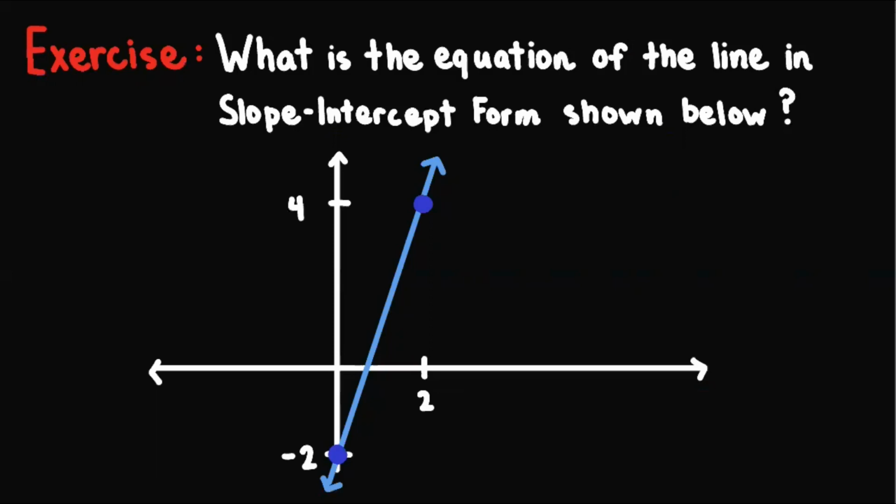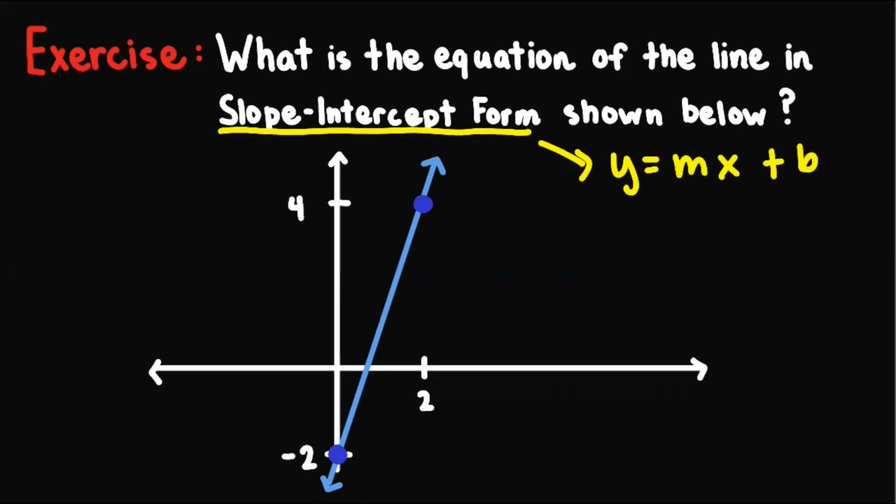So just a hint on how to solve this. To get the slope-intercept form, we need to write the equation in the form y equals mx plus b. So our problem is m and b. Now the y-intercept is obvious in the graph. I won't say why because I think it's pretty clear. Then our problem will be the slope.